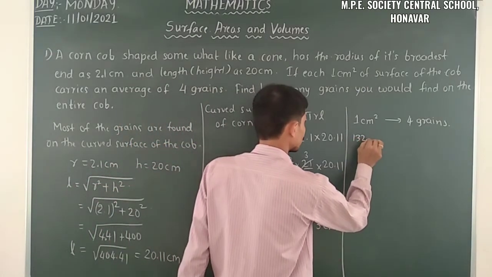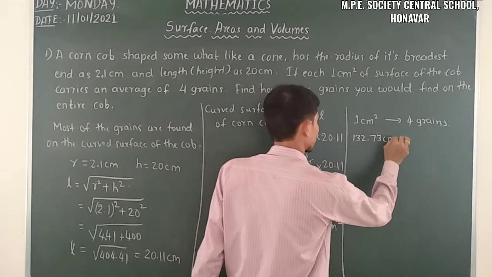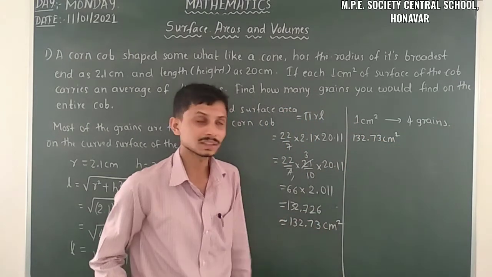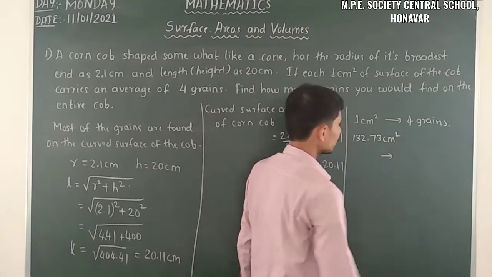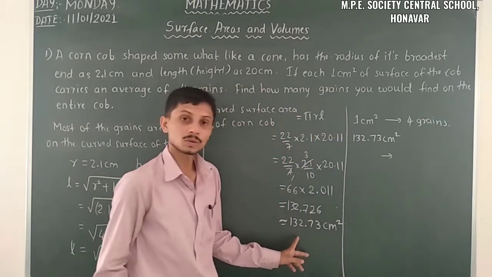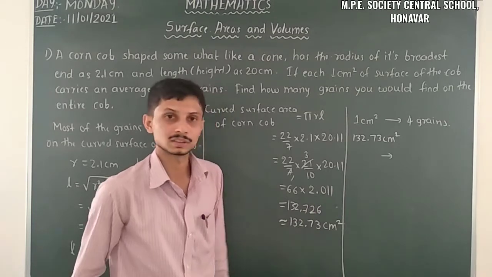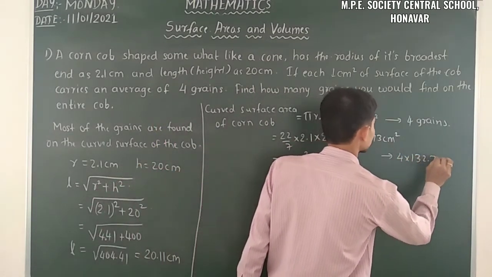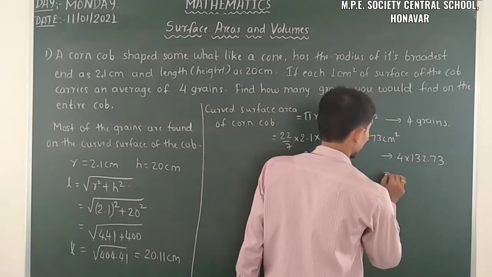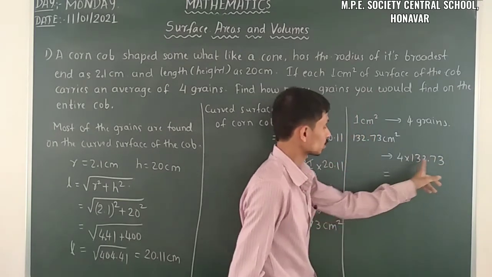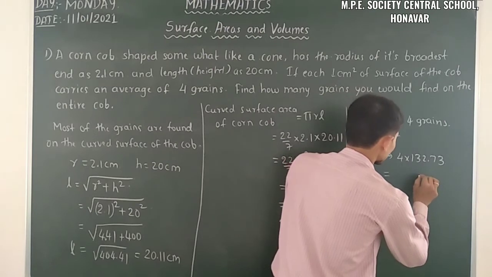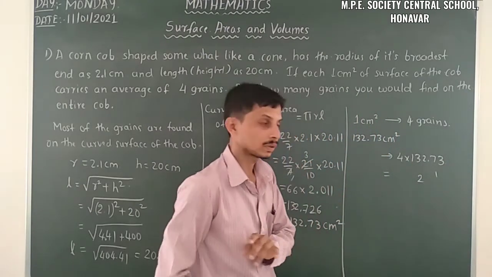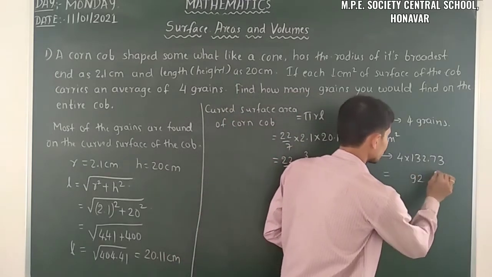So we have to multiply both sides by 132.73. How many grains do we have? It is 4 into 132.73. So 4 into 3 is 12, 1 remains. 4 into 7 is 28, 29, 2 remains.